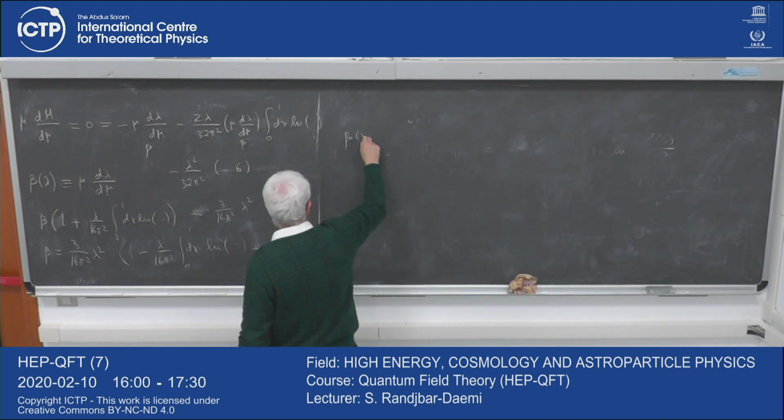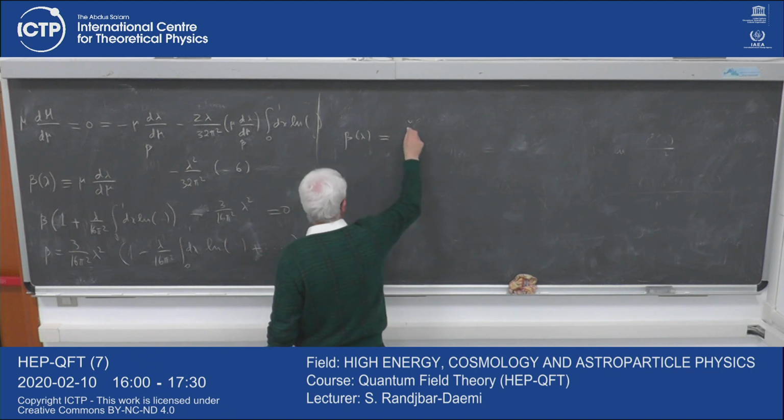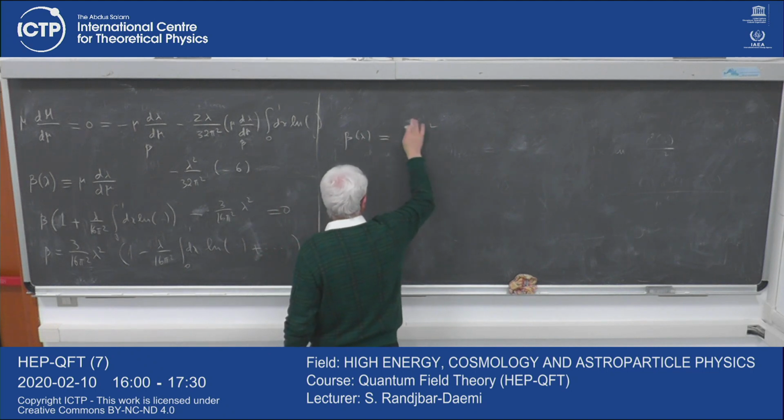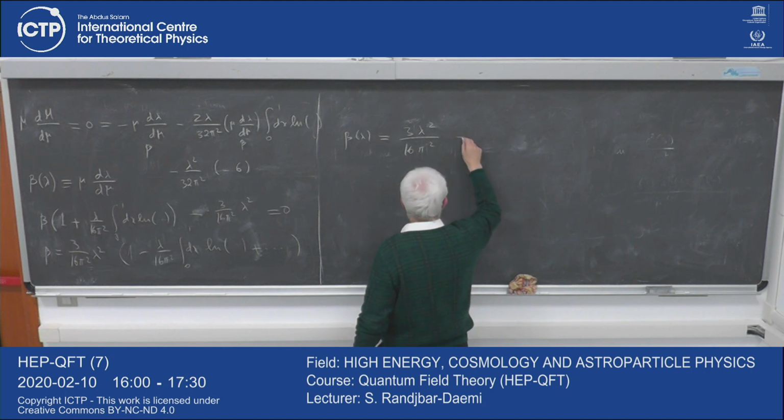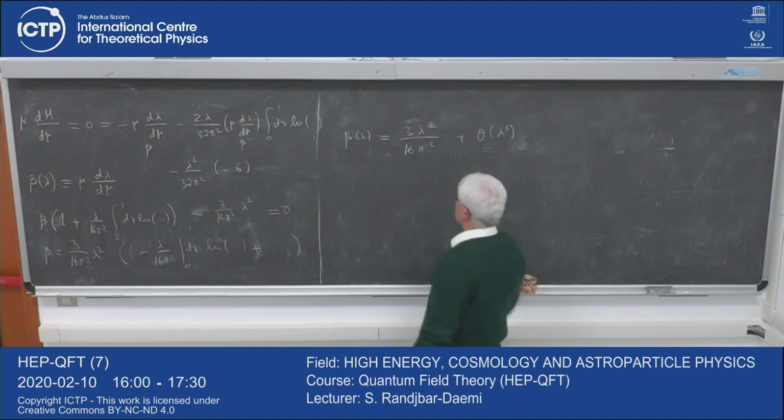So beta of lambda equals 3 lambda squared divided by 16 pi squared plus terms of order lambda cube and higher.